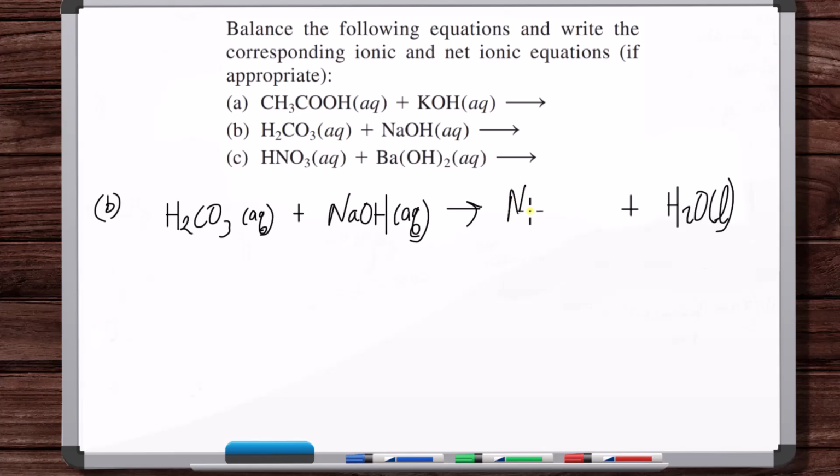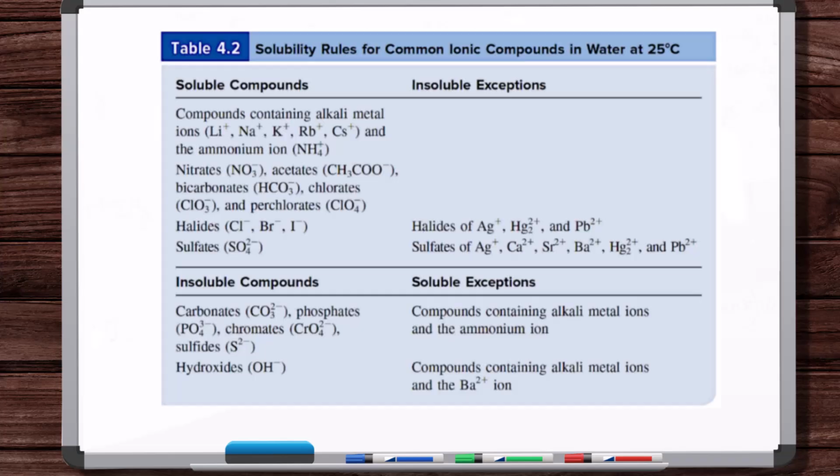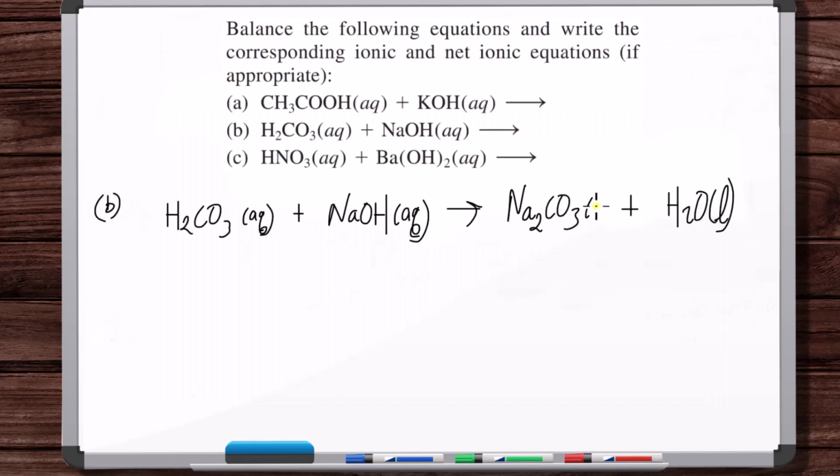So Na2CO3. And okay, is this ionic compound soluble or insoluble? All ionic compounds that contain sodium as a cation are soluble. So we put aqueous.